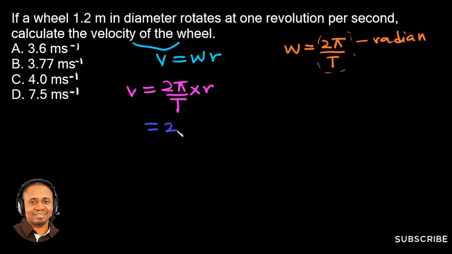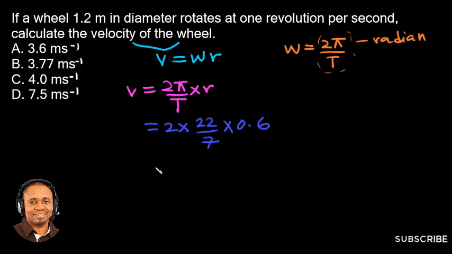So 2 times pi is 22 over 7, then the t, which is the time taken to complete one revolution, will be 1, so that is not included. Now times the radius, and the radius is half of the diameter. The diameter given here is 1.2, so if we divide that by 2 we have 0.6.